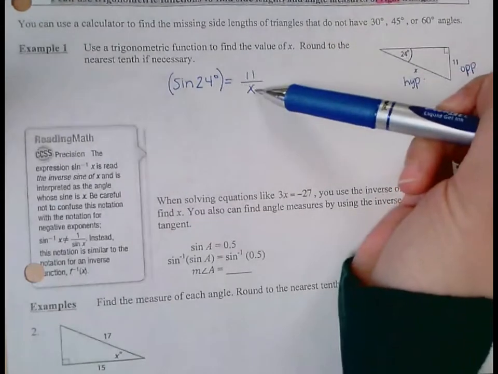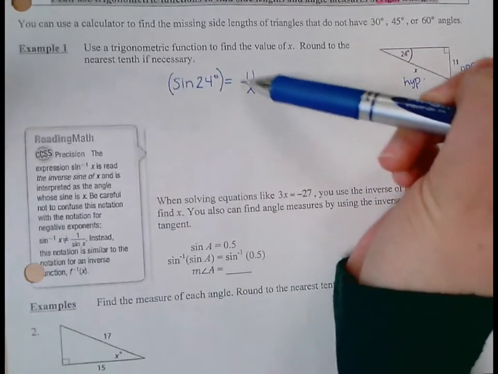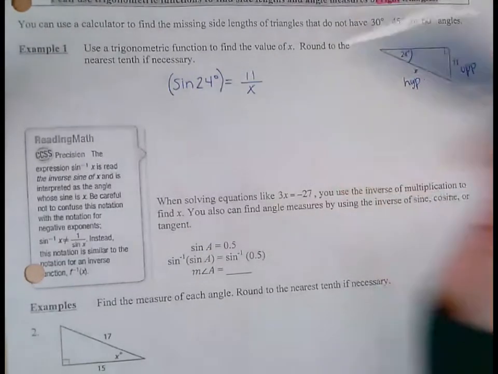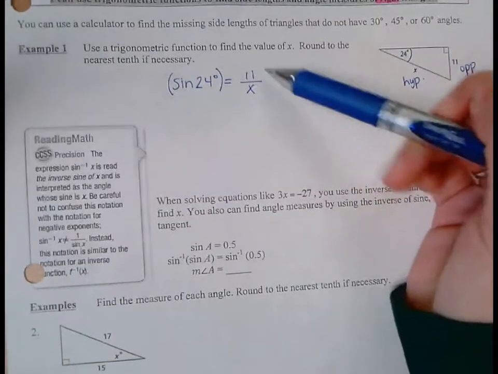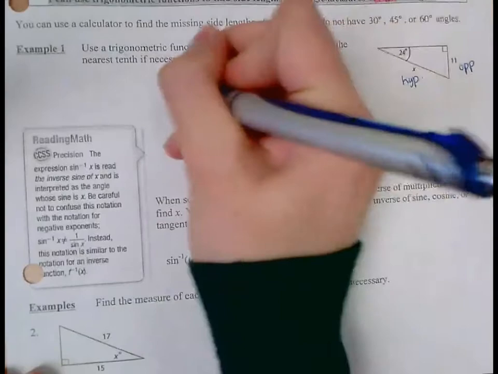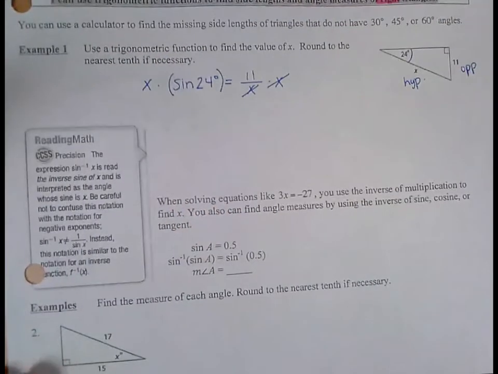Since the x is in the denominator, if you multiply by 11, that will not cancel out this 11. But Sarah, I'm glad you said that because that's what students tend to do, they look at this and say, oh, multiply by 11, and then this side will equal x. That does not work for this. So I would multiply by x so that x is not in the denominator anymore.